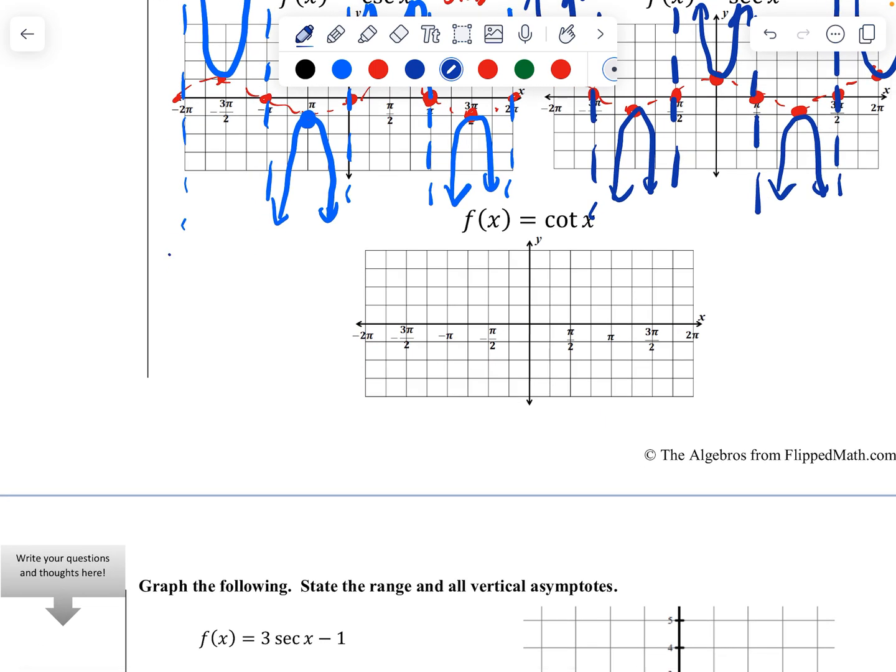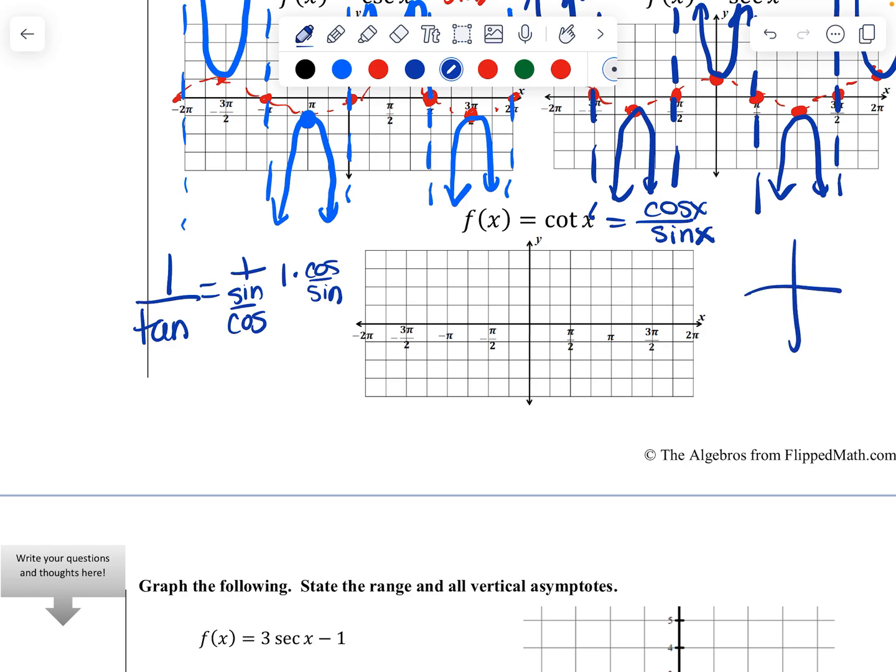And then cotangent, 1 over the tangent, which is 1 over sine over cosine. So it'd be 1 times cosine over sine. So this is cotangent, is really the cosine of x over the sine of x, okay? So once again, where our sine of x is equal to 0, so sine is y, there's going to be these asymptotes.